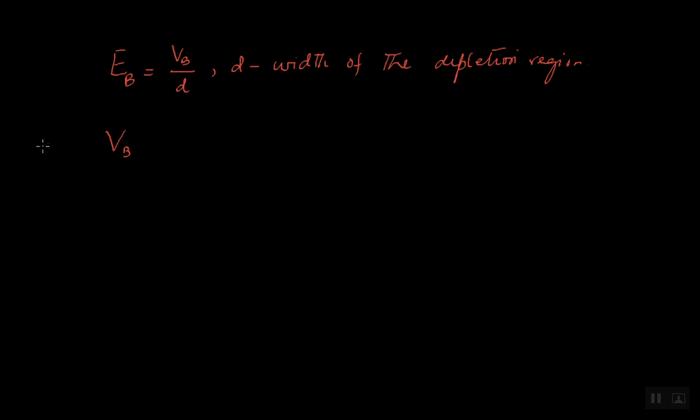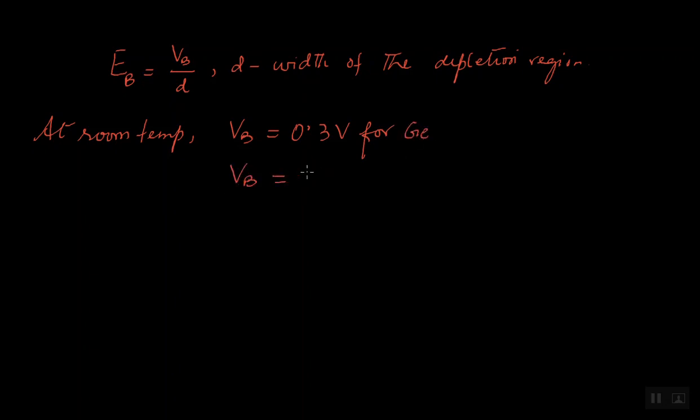At room temperature, VB is equal to 0.3 volt for germanium, and VB is 0.7 volt for silicon. Got it? So the barrier potential is larger for silicon than for germanium.